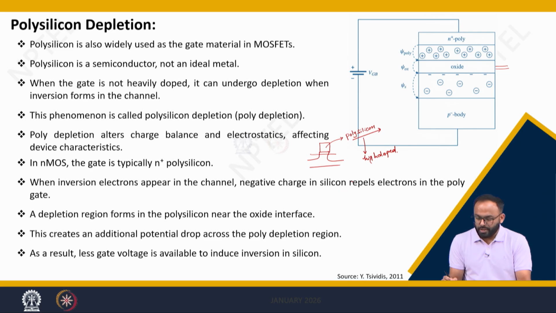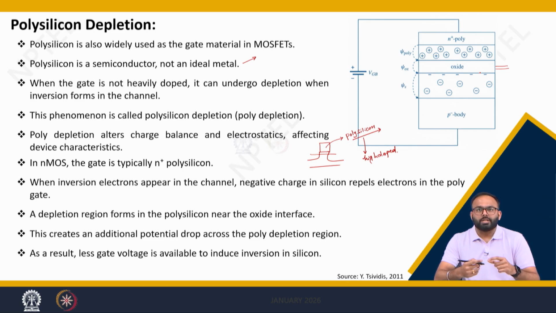But in some cases we cannot dope the polysilicon so heavily, and because of that the polysilicon gate gets depleted. It is the same as the surface depletion we discussed in the two terminal MOS. Polysilicon is a widely used gate material in MOSFET. However, it is not a metal, it is a semiconductor.